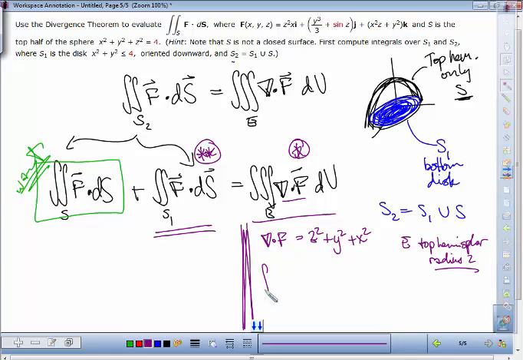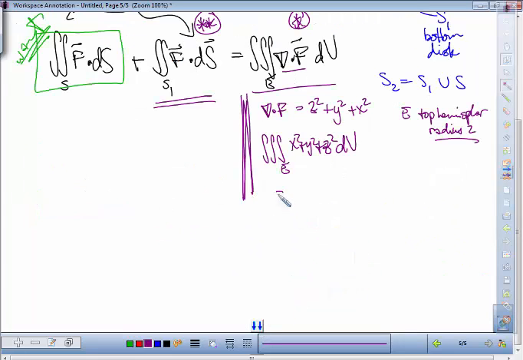Well, I guess first I should set up the triple integral over E of x squared plus y squared plus z squared dV. And now let's use spherical coordinates. So x squared plus y squared plus z squared is going to be rho squared, and then the dV is going to be rho squared sine phi, that's the Jacobian.